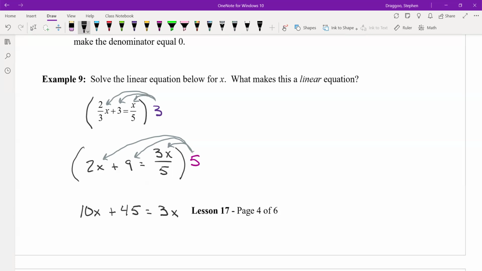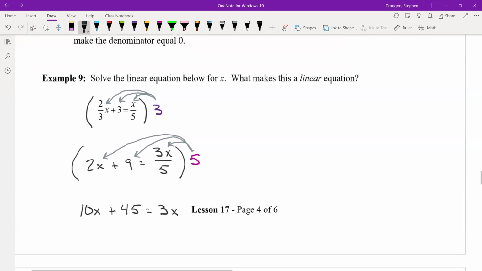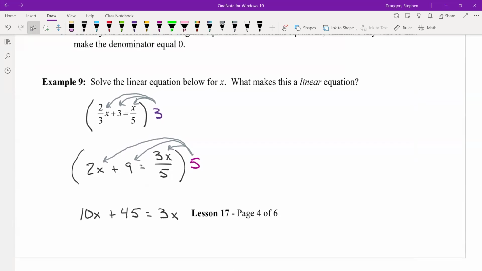And now I have an equation that I can solve for x. I think I can see that x is going to be negative 45 over 7. I'll get to that in just a second.